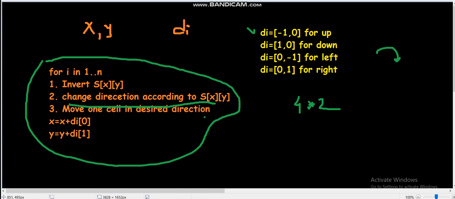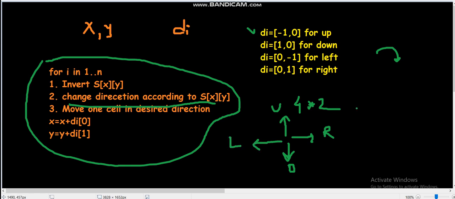So we can make it simpler, right? How? Let's say we are moving in the upward direction. Now if we rotate clockwise, we'll move to the rightward direction. If we rotate again 90 degrees clockwise, we will be at our downward position, and if we rotate again clockwise, we will get our left position, right?